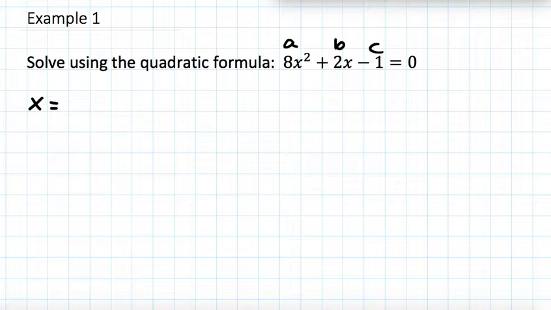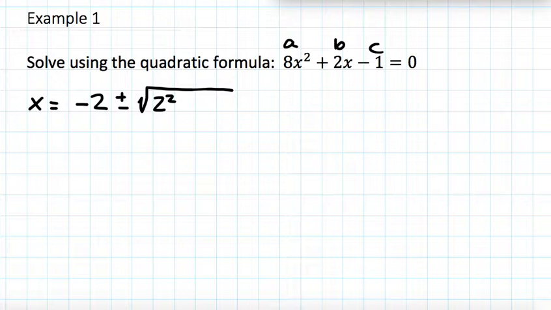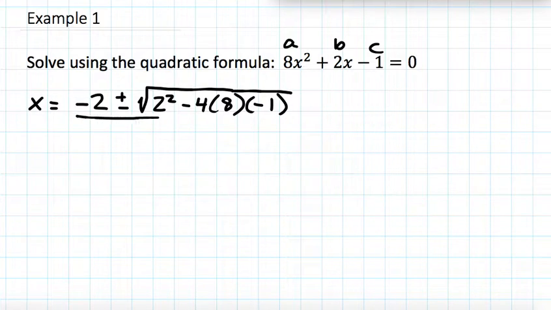So it's going to be negative b, b is 2, plus minus square root of b squared minus 4 times a times c. If there's a negative sign in front of the variable, then that needs to be included as well. And then everything divided by 2a.